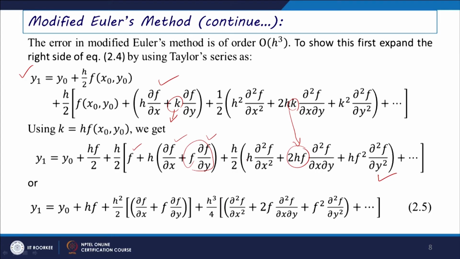If we write it in a compact form, taking h f by 2 and subtracting it from both these terms, this can be represented as hf plus h square by 2 times del f by del x plus f del f by del y.